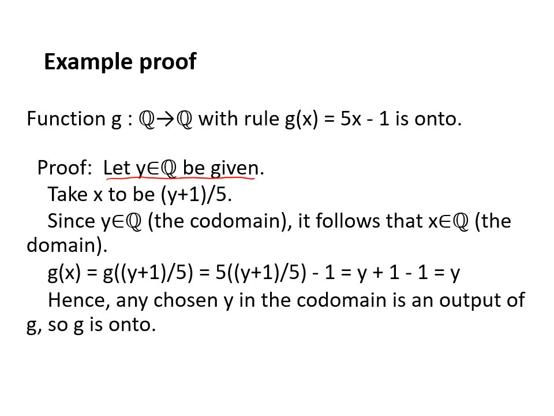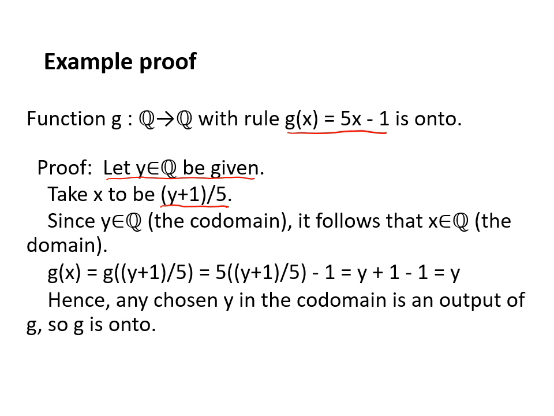And from there, we want to show that there is some x in the domain that maps to this y. So let's take this x to be (y plus 1) divided by 5. And you can actually easily derive this from the rule of g.